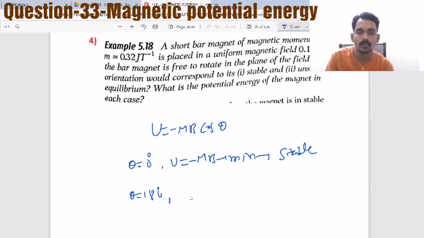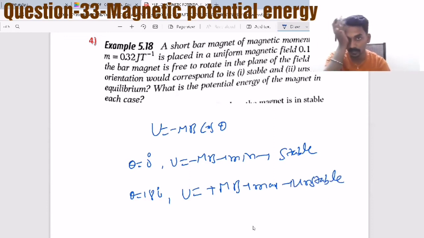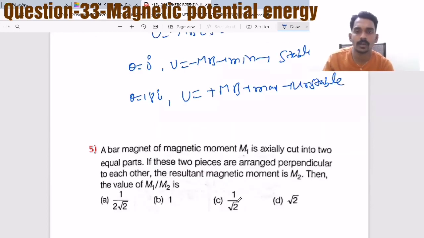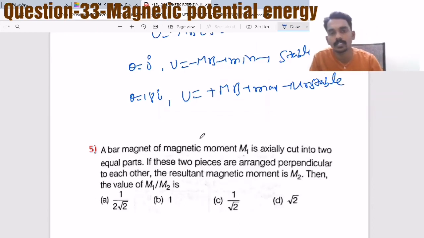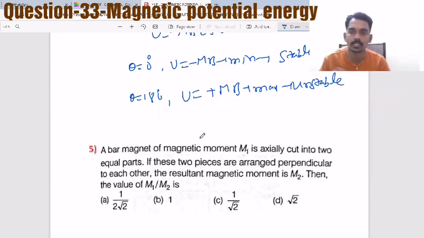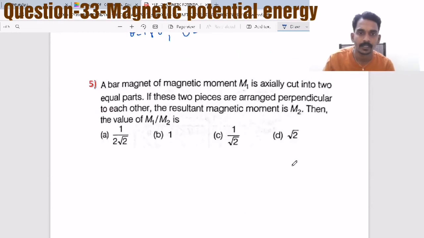And theta equal to 180 degrees means U equals plus MB, and that is maximum, which we call unstable equilibrium. So the orientation 0 degrees corresponds to stable and 180 degrees corresponds to unstable equilibrium. And the magnetic potential energy is minus MB and plus MB correspondingly.